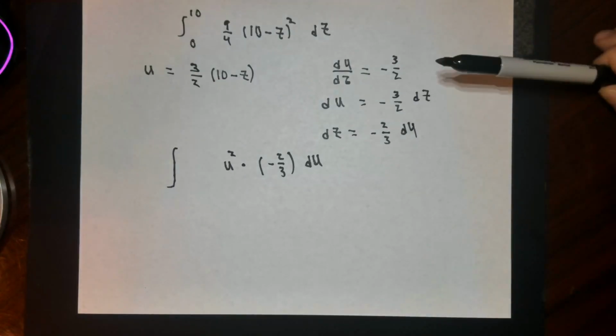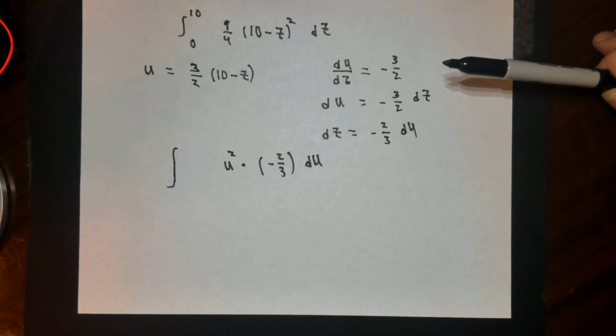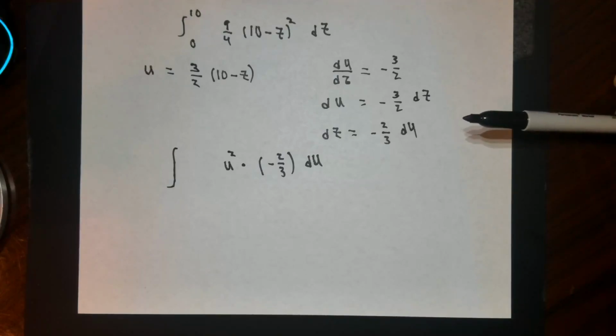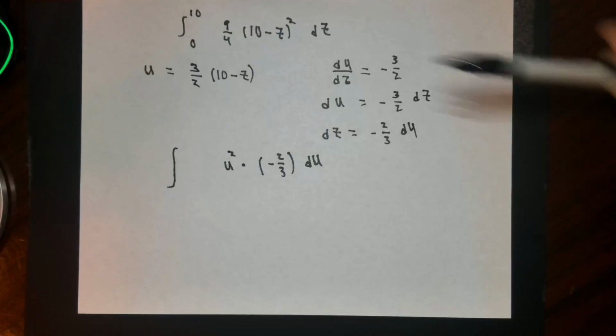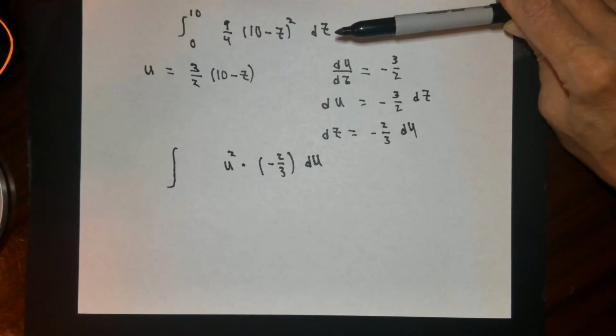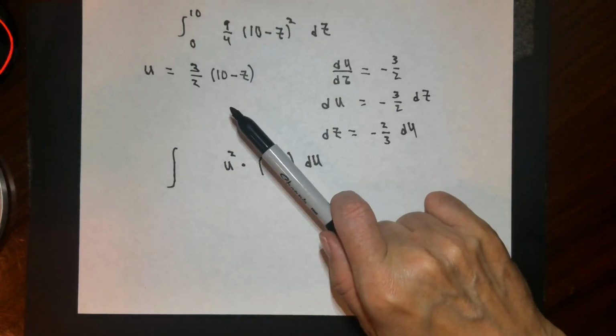There are a number of ways we could go about solving this. One would be to just multiply it all out using algebra and integrate it one term at a time. Another is I can make a u substitution, being sure to make the correct u substitution for the limits of integration as well, so I think I'll do that second thing. du/dz is negative 3/2.